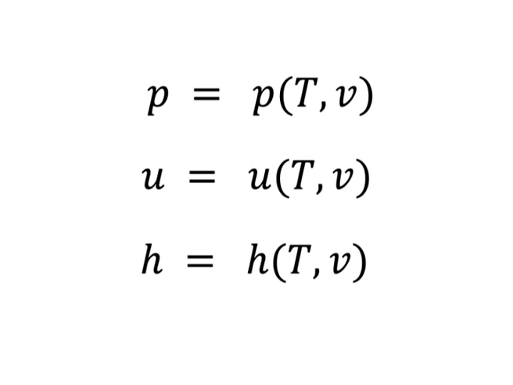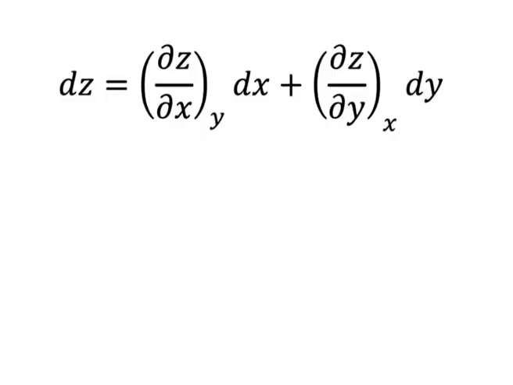It might also be recalled that the differential of every property is exact. The differentials of non-properties such as work and heat are inexact. Let us now review briefly some concepts from calculus about functions of two independent variables and their differentials.